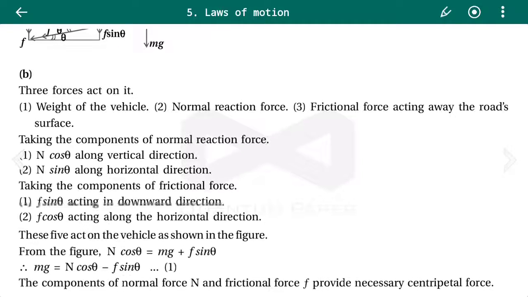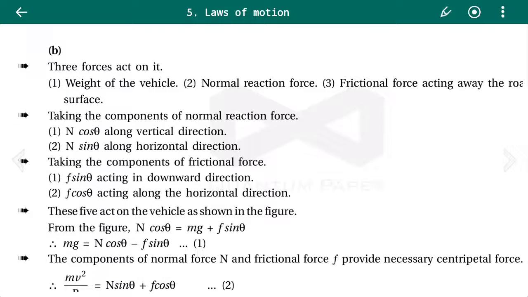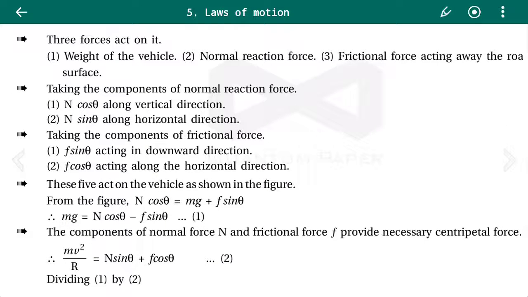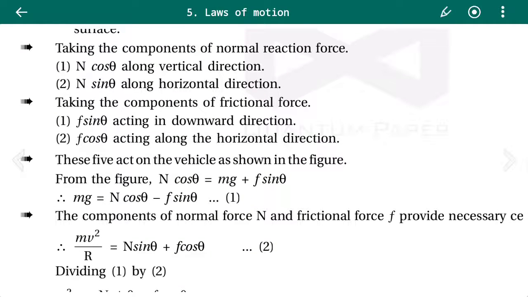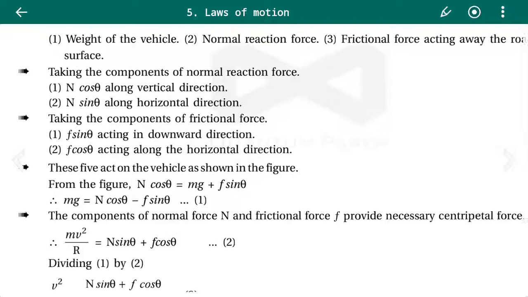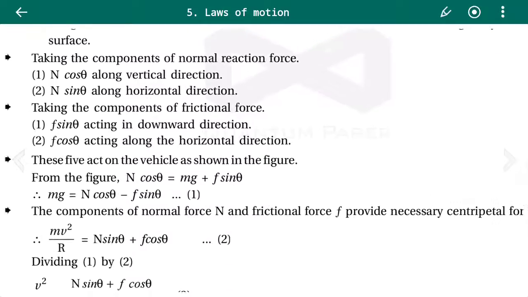As shown in the figure, n cos theta is along the vertical direction, n sin theta is along the horizontal direction. In the same way, the frictional force is also neither in the horizontal nor in the vertical direction, so we need to take its components. As shown in the figure, f sin theta is acting in the downward direction and f cos theta is acting along the horizontal direction. Now these five forces act on the vehicle as shown in the figure.